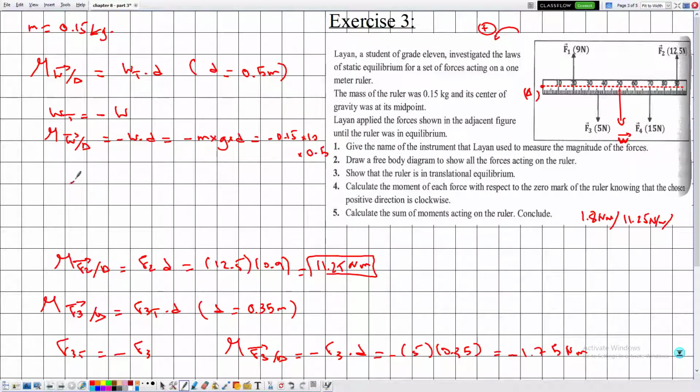Plugging this on the calculator, then the moment of the weight produced around an imaginary axis delta passing through this point, although it doesn't exist, is given by minus 0.5 newton meter. And now, we can erase this line.